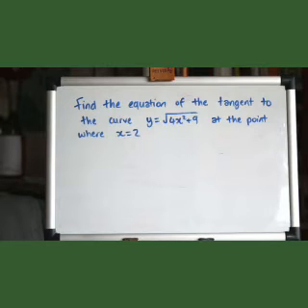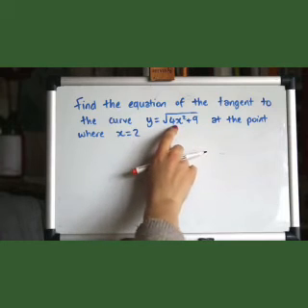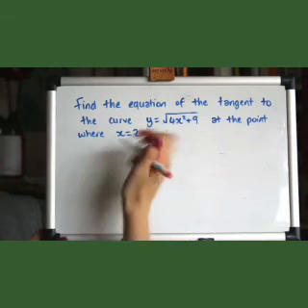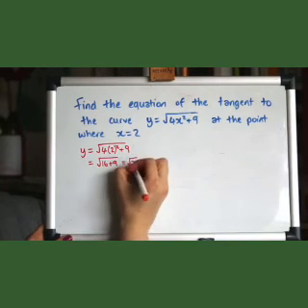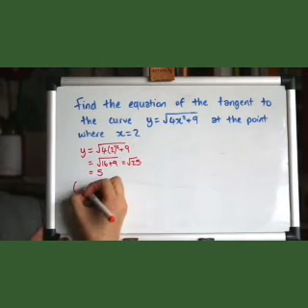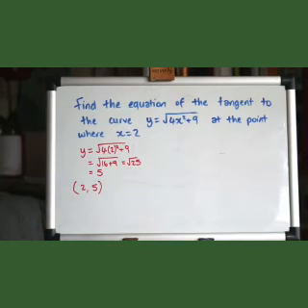We can start by getting the y coordinate for this point here just by chucking it in the equation. So let's do that. So we know it passes through the point 2, 5. And now let's get the gradient.